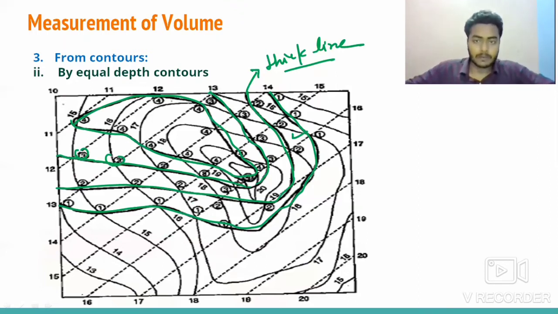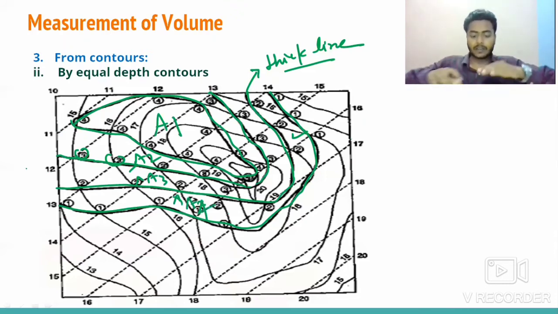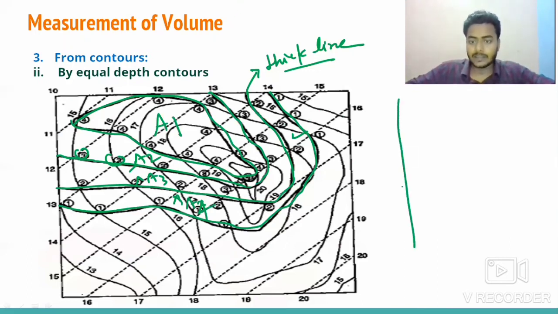So what we can do by using the planimeter, we can calculate the area. Like this one, we have calculated the area A1. This one area A2. This one area A3. This one area A4. So once we have, and this cutting is going on in vertical direction like this. For this graph, like we got A1, A4 at this level, and distance between these two is 1 meter cutting, so it required 1 meter cutting.